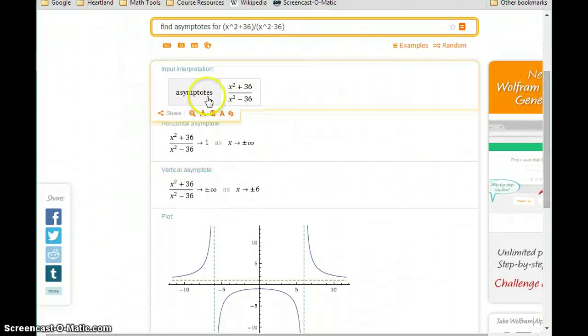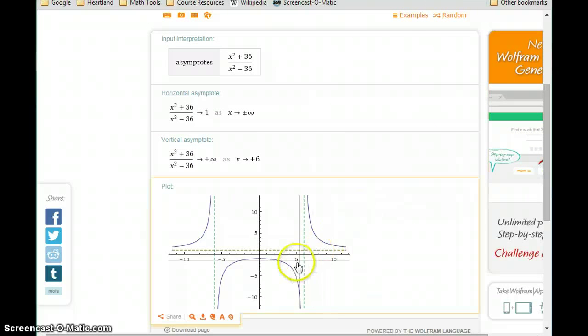Again, there's going to be this first box that tells us the input interpretation. We want any asymptotes for this function. In this case, it's telling us that as x approaches positive and negative infinity, our function is approaching 1. So we have a horizontal asymptote at 1. And for vertical asymptotes, as x approaches both positive and negative 6, our function is headed to positive and negative infinity on those different sides.